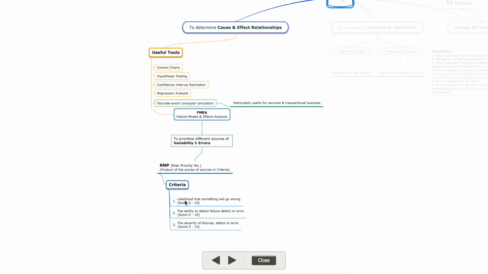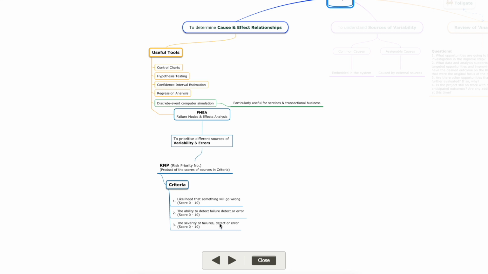There are three criteria. The first is the likelihood of something going wrong; we give it a score of 0 to 10 for how likely it is to go wrong. Is it very likely, very unlikely, or not likely at all? Not likely, we give 0 marks. If it's extremely likely that something will go wrong, we give it 10 marks. The second is the ability to detect a failure or error, and we give it a certain score.